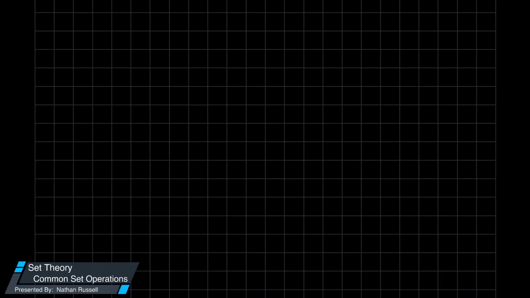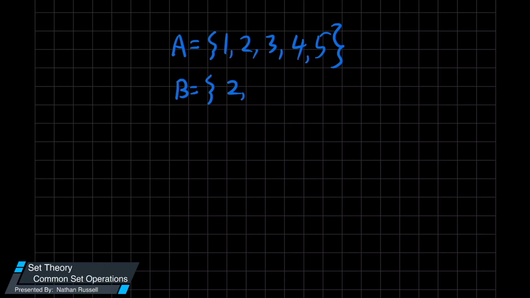Let's first consider union. Let's define A to be the set of elements 1, 2, 3, 4, and 5. And then let's suppose B is the set of numbers 2, 4, 6, 8, and 10.